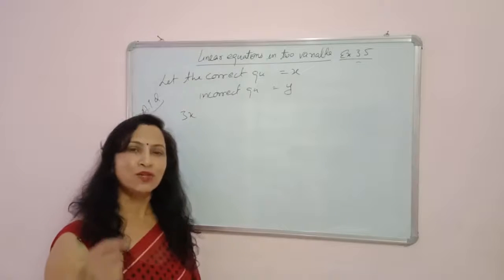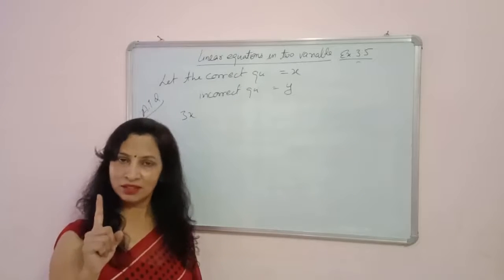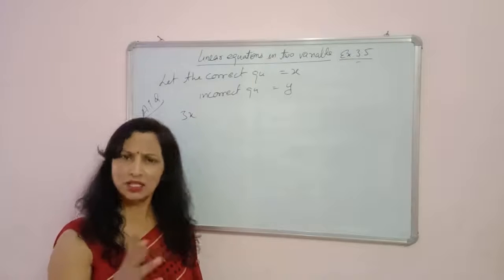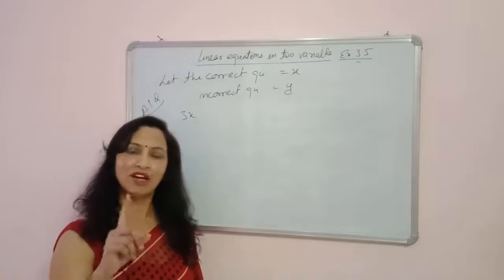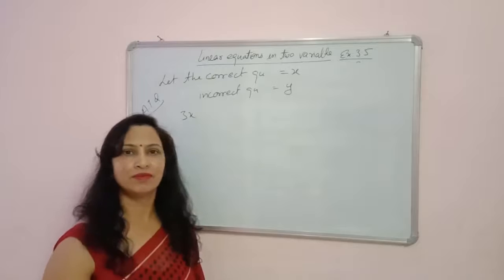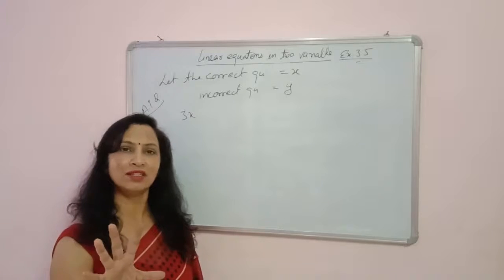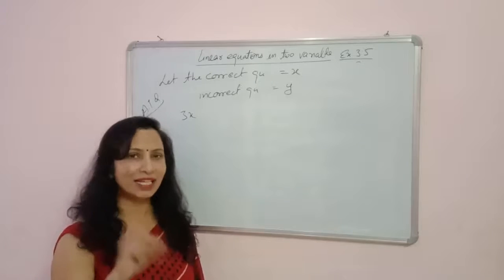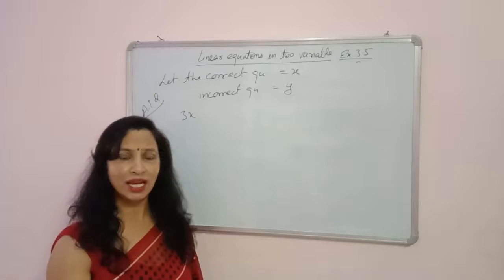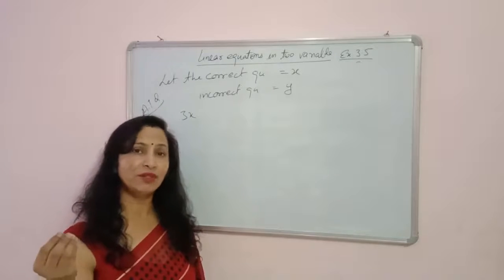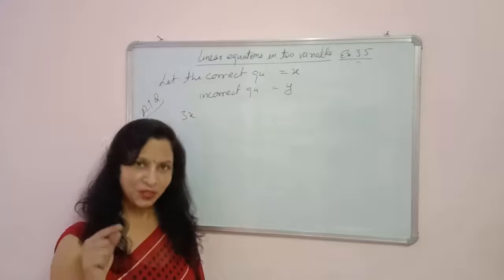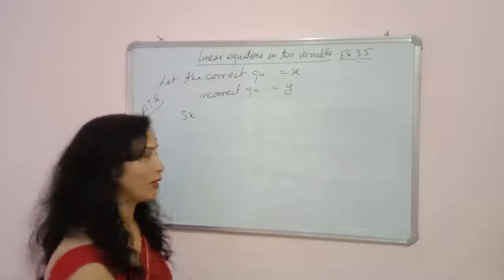Now again, he is losing 1 mark for 1 incorrect answer. Suppose you get minus 1 for 1 incorrect, then how much will you get for 5 incorrect answers? You will get minus 1 into 5, that is minus 5. And what about if you do y incorrect answers? Then you will get minus 1 into y marks.